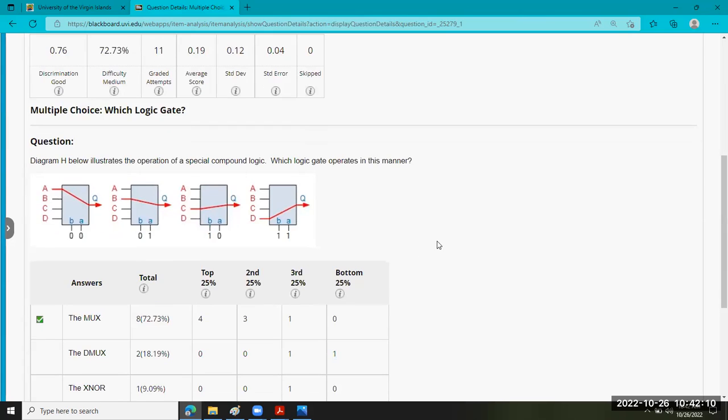So diagram H below represents the operation of a special compound logic. There should be a diagram in the resources folder in the material and in the links on the website to this kind of thing, right?